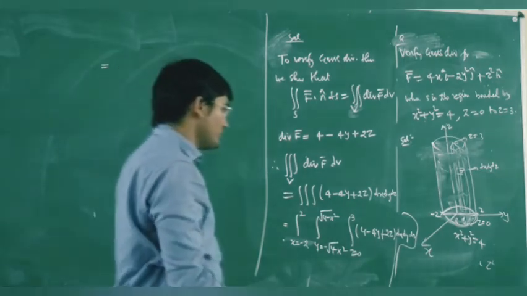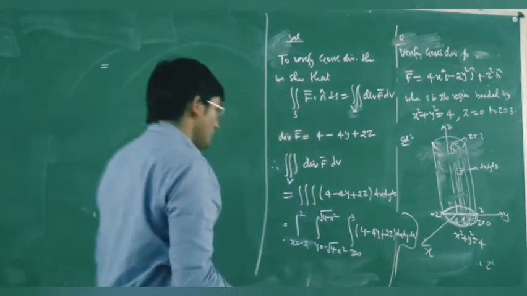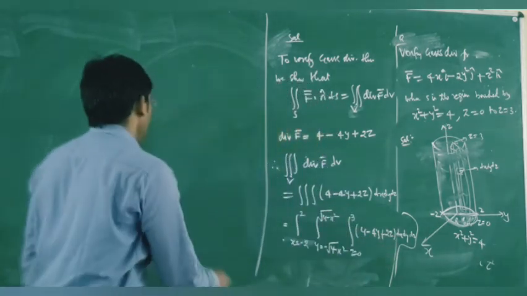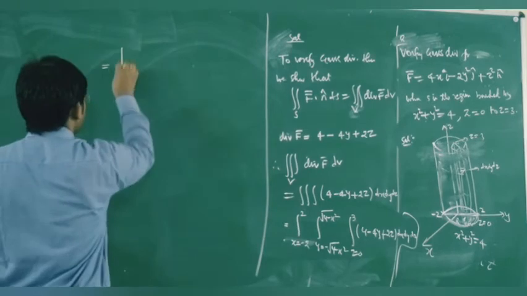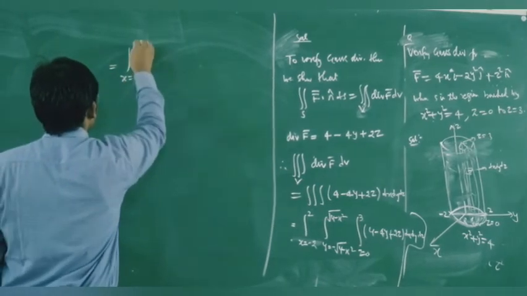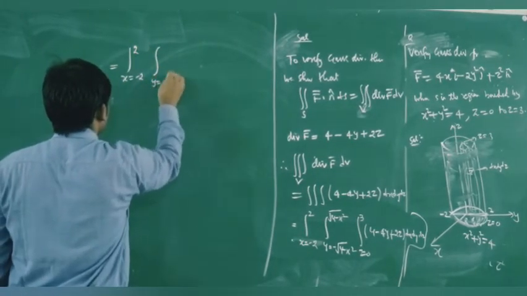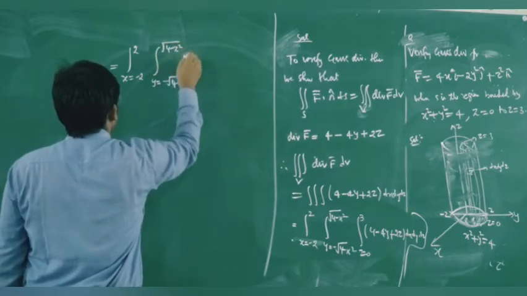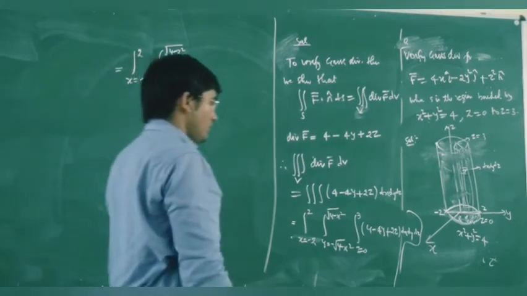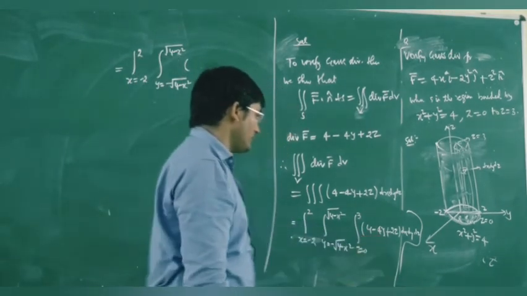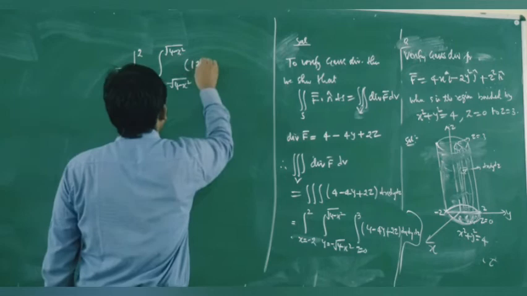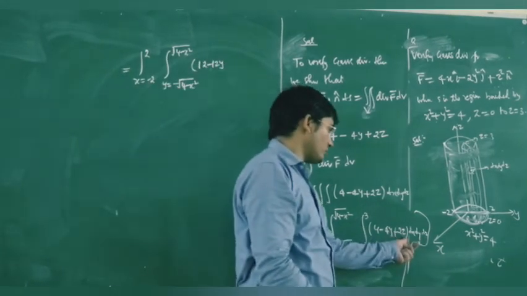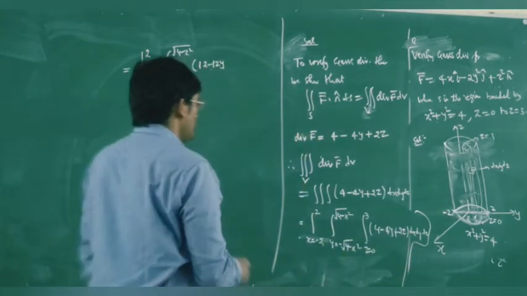Now if you integrate with respect to z, with limit 3, we get 4z minus 4yz, so this will be 12 minus 12y, then the integration of 2z gives z squared by 2, so this 2 gets cancelled, and this is your 9.